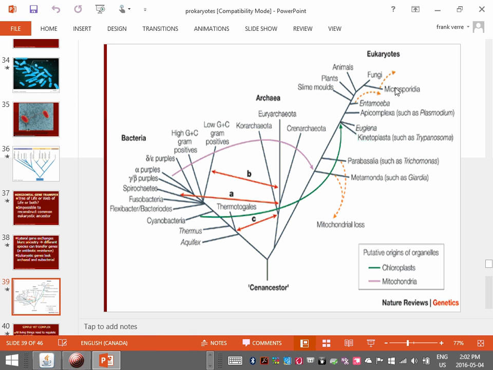We can figure out what your common ancestor is, but we can't figure out what the common ancestor is of a eukaryote because eukaryotes came from things that could swap DNA. No, eukaryotes evolved from prokaryotes that could swap DNA.